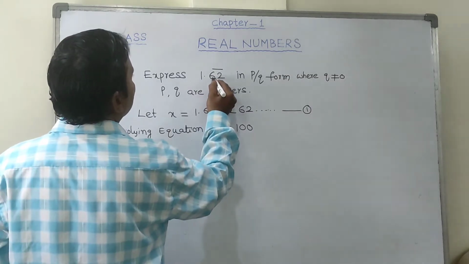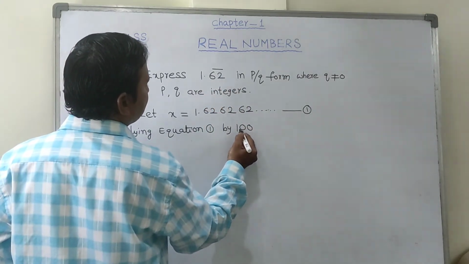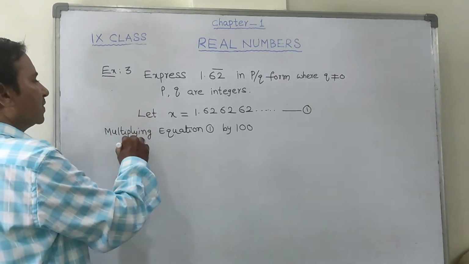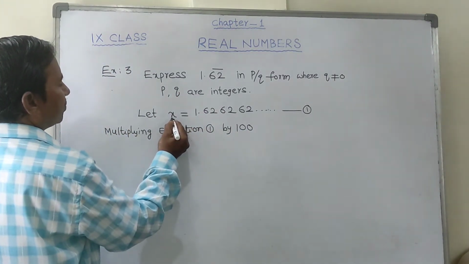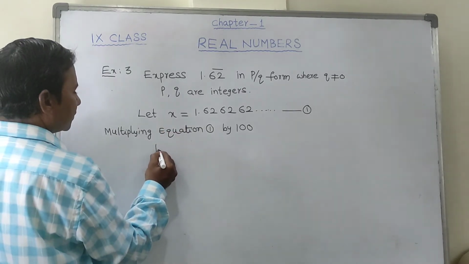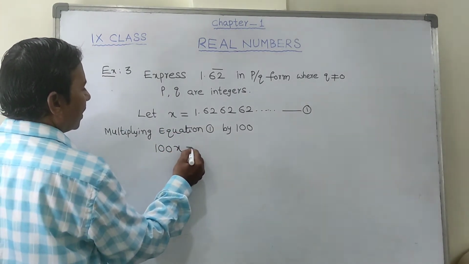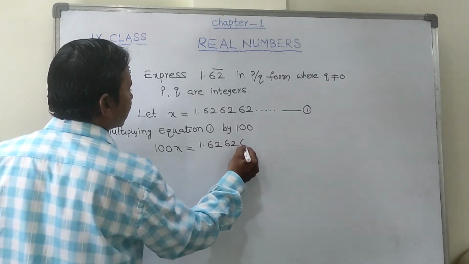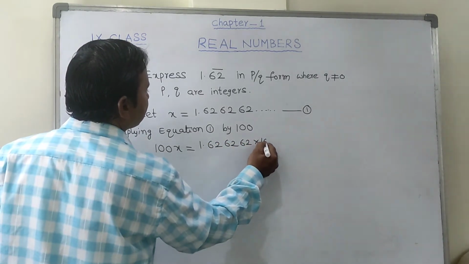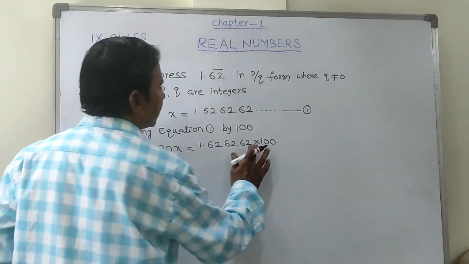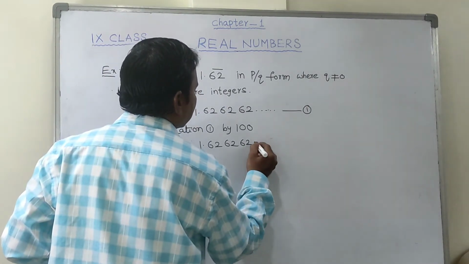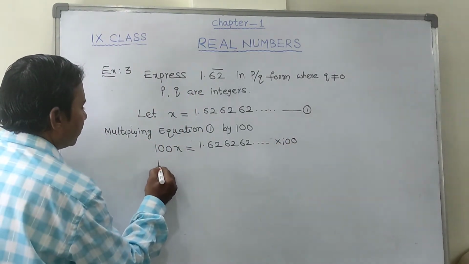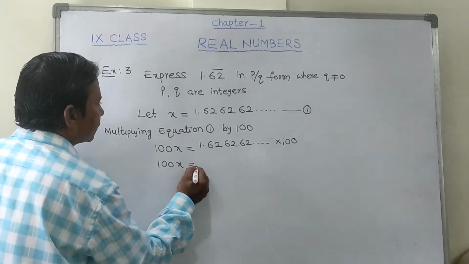So here 2 digits are recurring, so we should take 100. We should multiply both sides with 100, on the left side and the right side also. So if you multiply with 100, it becomes 100x, and this side it becomes 1.626262 into 100.